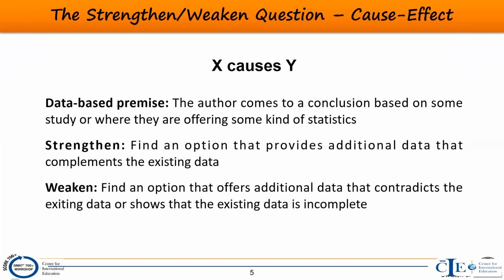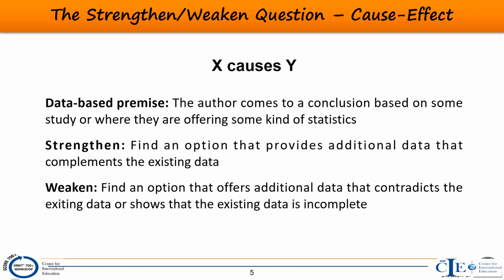If it is a plan of action type. Normally, X causes Y type conclusions. Okay. Look at this. The author comes to a conclusion based on some study or where they are offering some kind of statistics. To strengthen it, find an option that provides additional data that complements the existing idea.